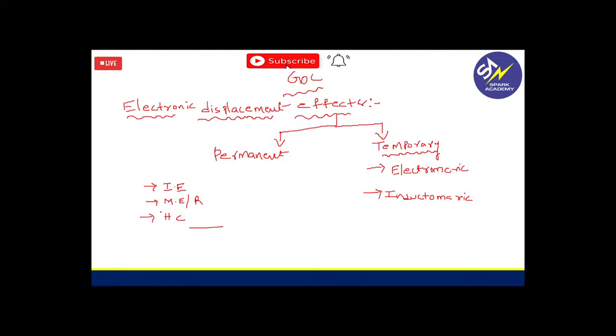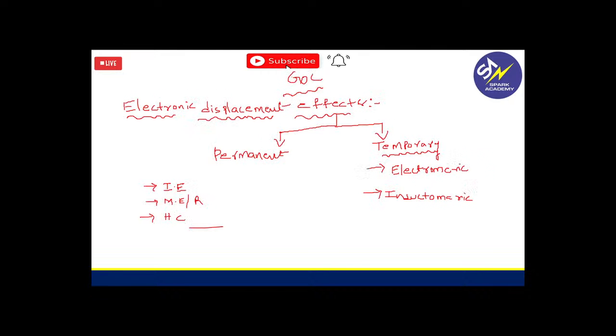Now we will discuss the inductive effect, the most important one.